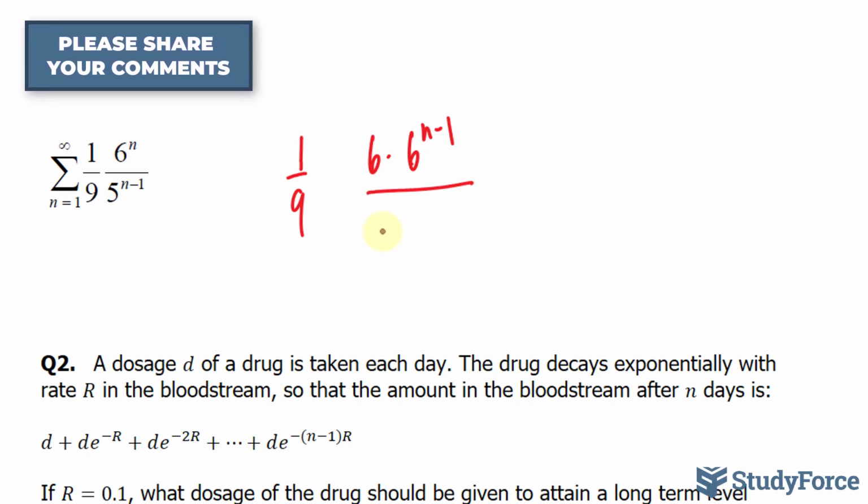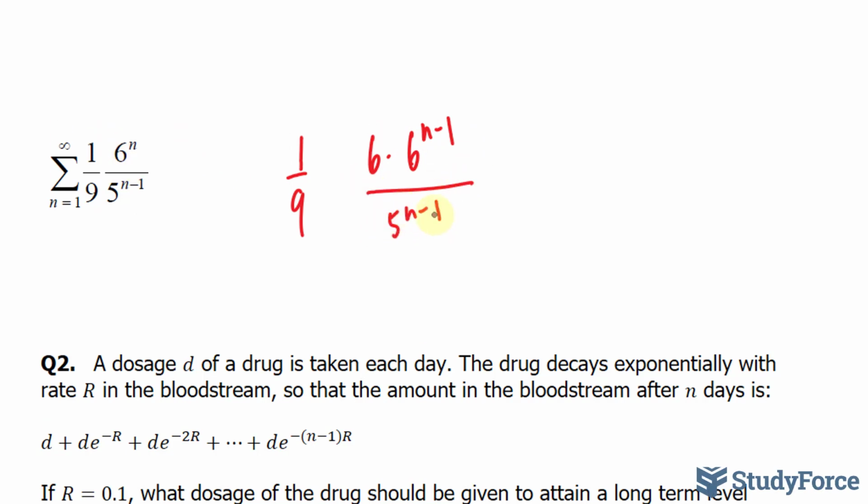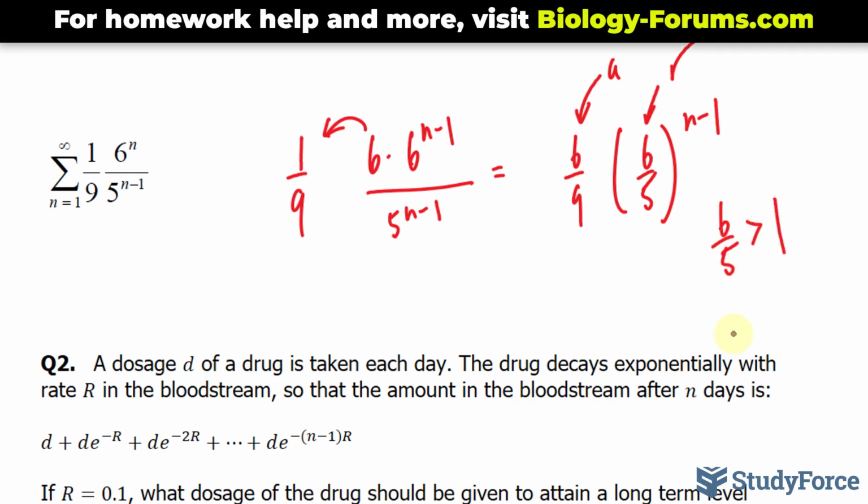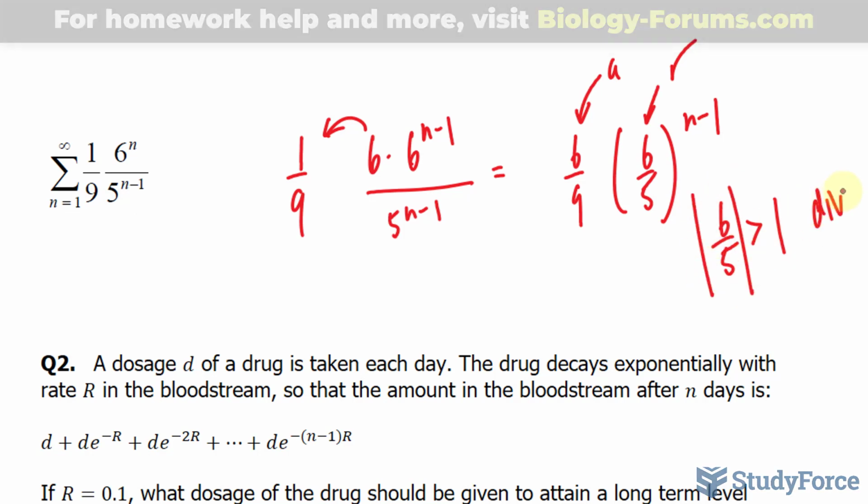And at the bottom, I would write down 5 to the power of n minus 1, leave it the way it is. Now take out this factor where we have 6 over 9. I multiplied 1 over 9 times 6. And I'll write down 6 over 5 all raised to n minus 1. This is our a value. This is our r value. 6 over 5 is greater than 1. And because its absolute value is greater than 1, it diverges.